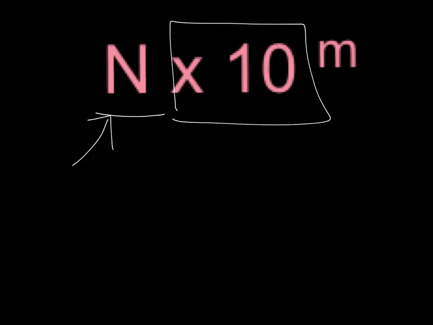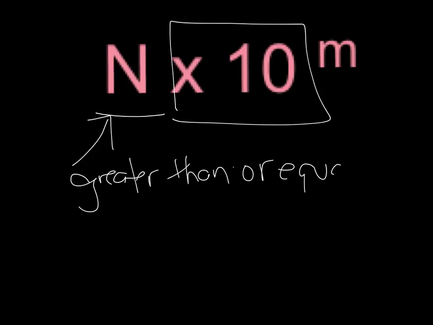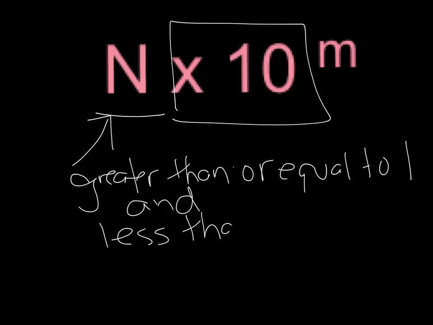The first number has rules, and the rules for this number are that it has to be greater than or equal to 1. So it can be 1, but it has to be less than 10.